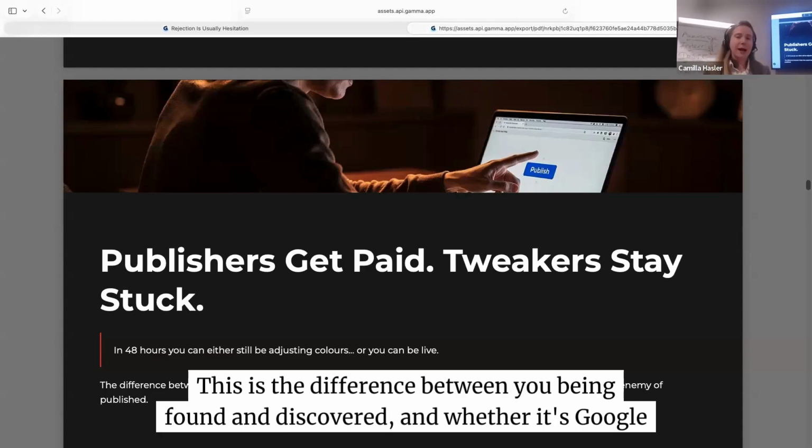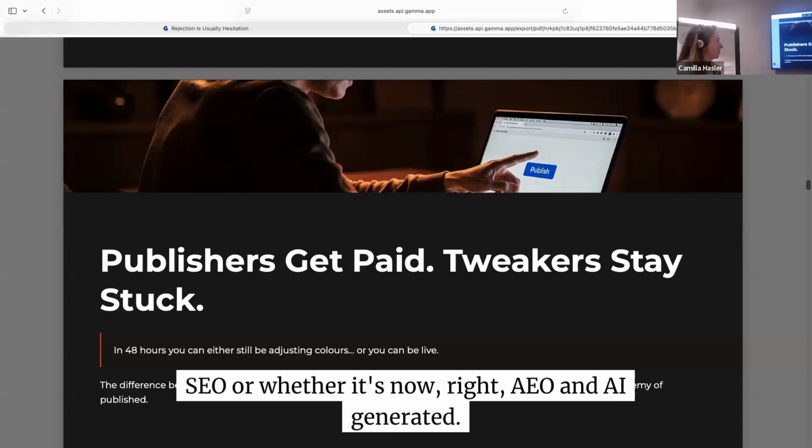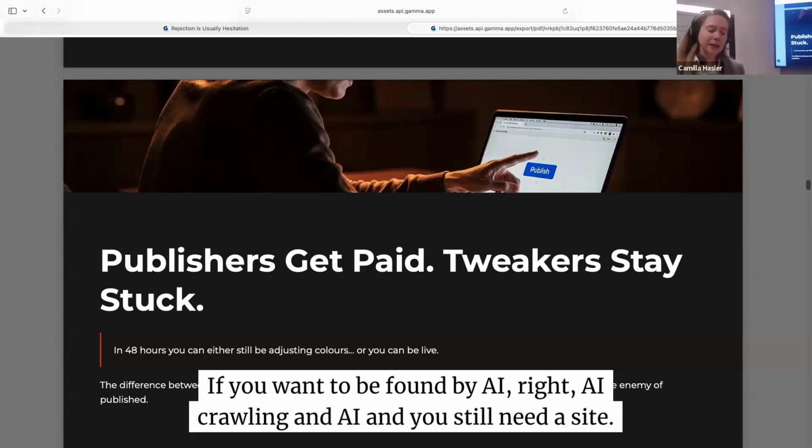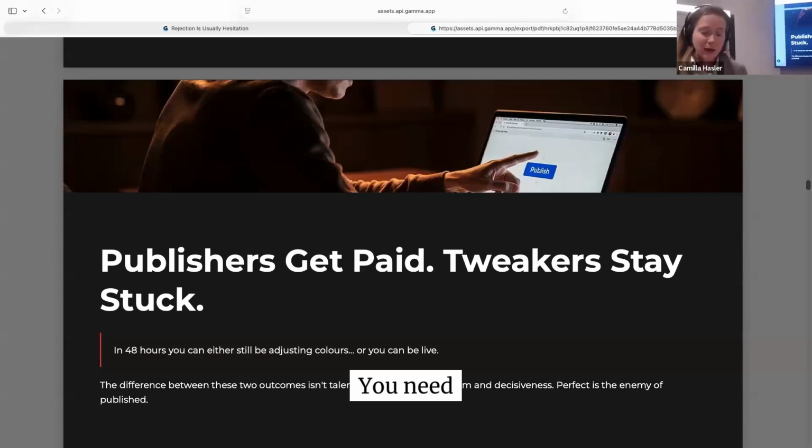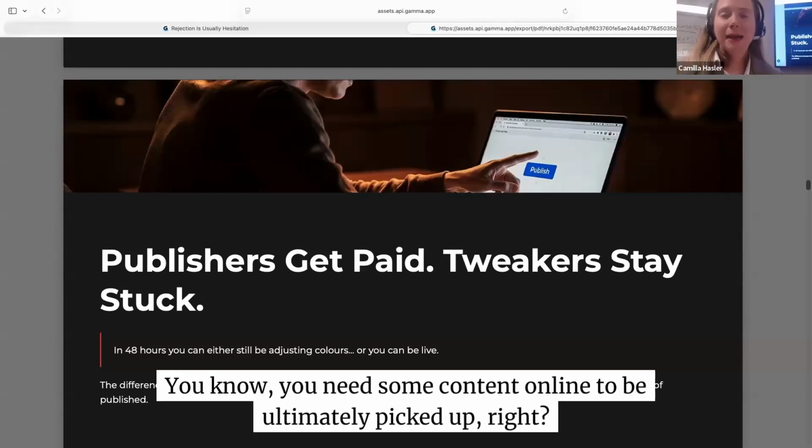This is the difference between you being found and discovered, whether it's Google SEO or now AEO and AI generated. If you want to be found by AI, AI crawling and AI patterns, you still need a site. You need some content online to be ultimately picked up, right?